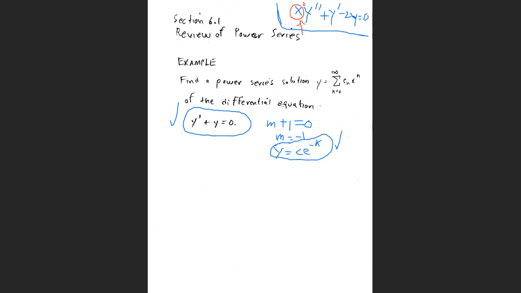The techniques you learned in sections 4.3 and 4.4, the undetermined coefficients technique, won't handle these situations where you have a variable function as one of your coefficients. And this is why we need to learn about finding solutions as power series. Okay? All right, so that being said, let me go to the next page here. Are there any questions so far?